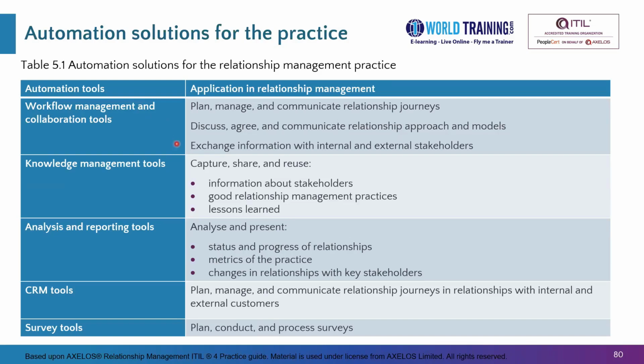This set of tools is good for discussions and exchanging ideas when the relationship management practice is being established or developed, by defining, discussing, agreeing, and communicating the approach and models for relationships, and to plan the various relationship journeys with different stakeholders and exchange information.